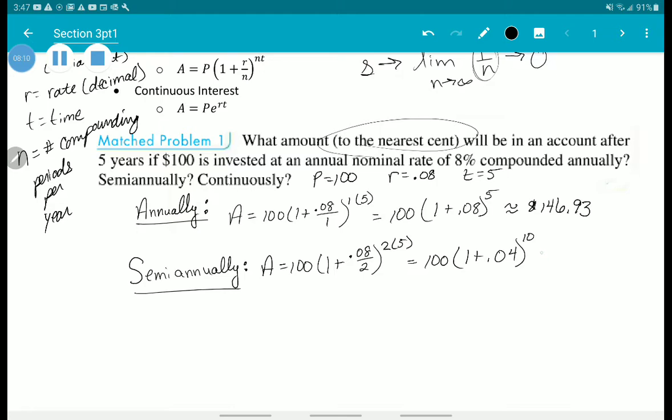And that's going to be raised to the 10th power. Type it in our calculator. I got 148.02.